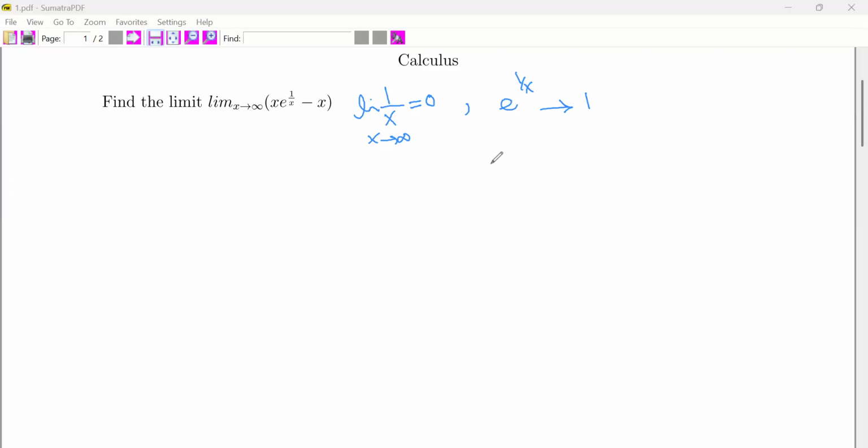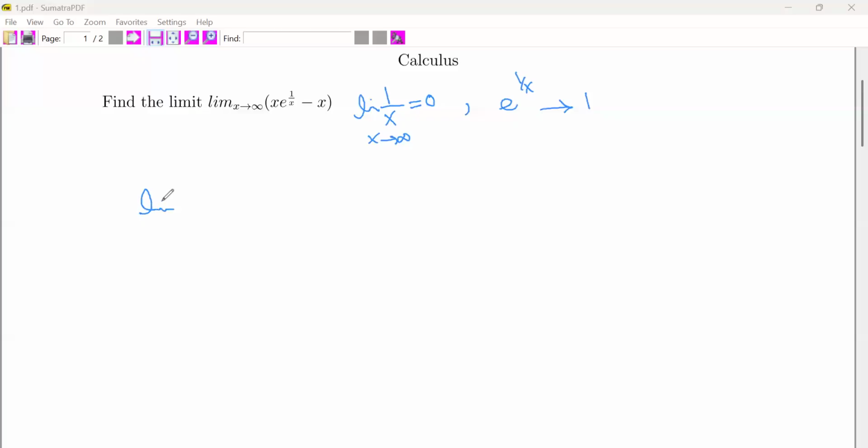So infinity times 1 is infinity. And we're going to use the technique that we are having 0 and infinity.